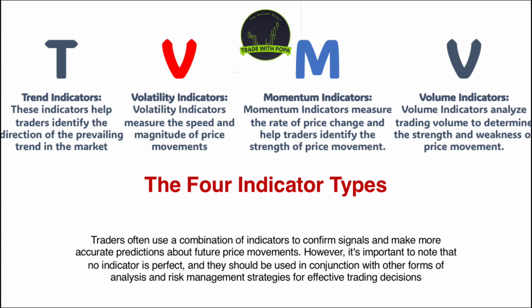For the volatility indicators, these indicators measure the speed and magnitude of price movement. And then we have the momentum indicators that measure the rate of price change and help traders identify the strength of price movement. And lastly, the volume indicators that help analyze trading volume to determine the strength and weakness of price movement.